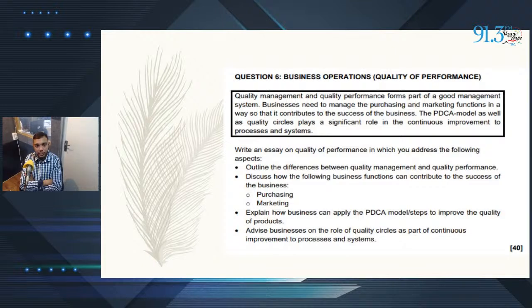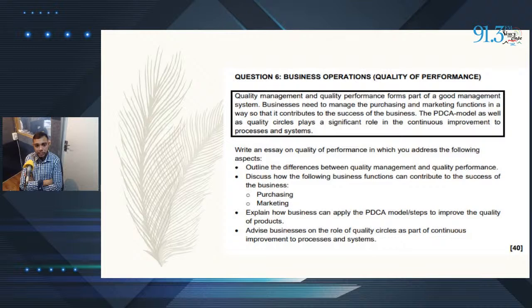You're going to write an essay on quality of performance in which you address the following aspects. Outline the differences between quality management and quality control. Discuss how the following business functions can contribute to the success of the business: purchasing and marketing.